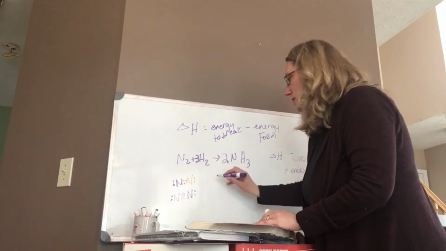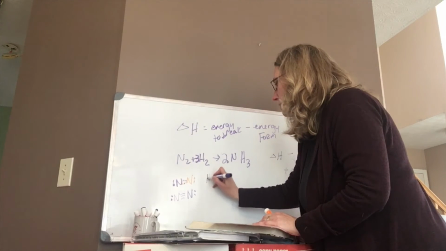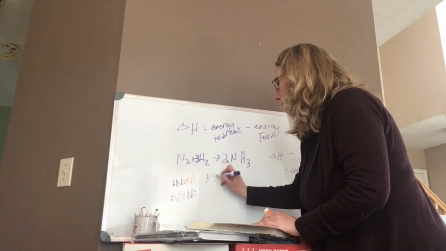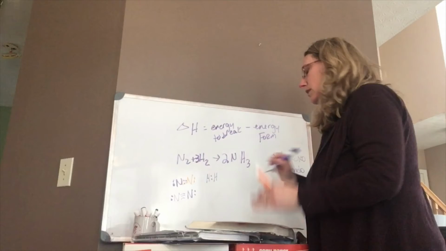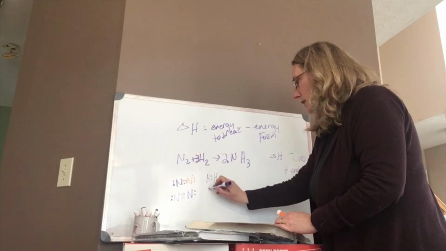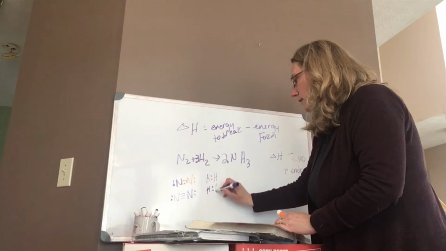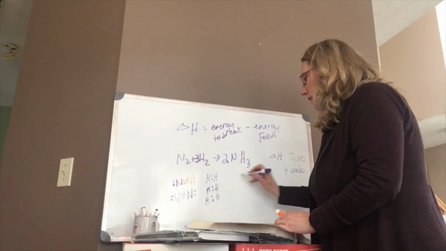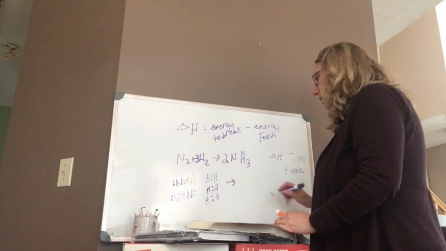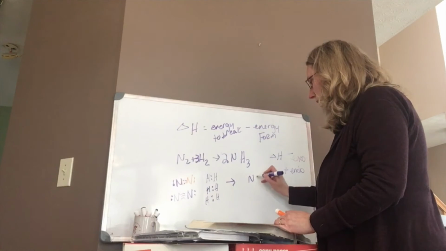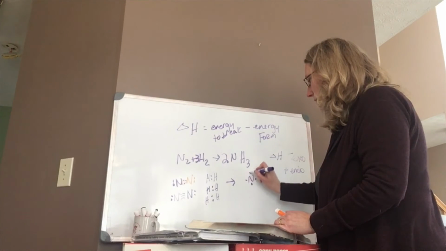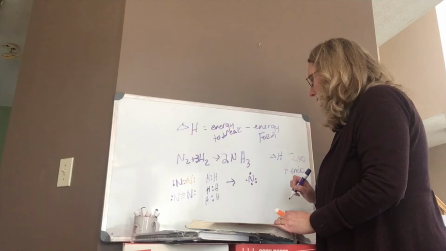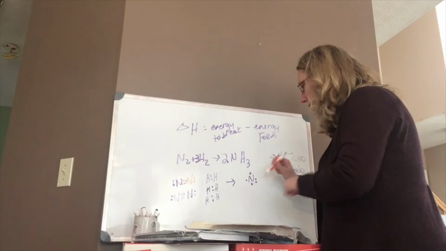And then hydrogen's easy. Hydrogen only has 1 and only wants 2, so that one's easy, but I have 3 of them. So it's gonna turn into an N that has 5, 1, 2, 3, 4, 5, and 3 hydrogens around it.